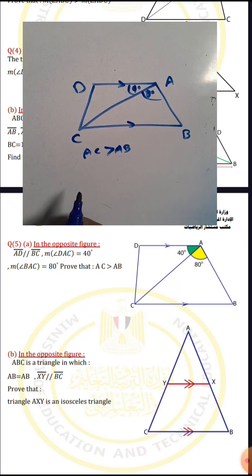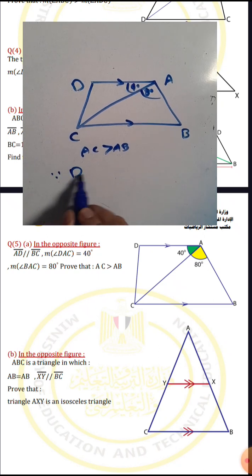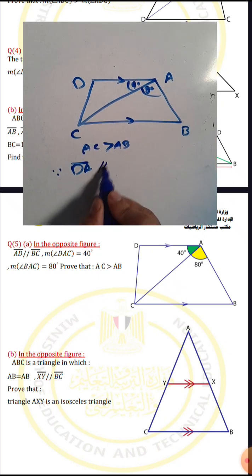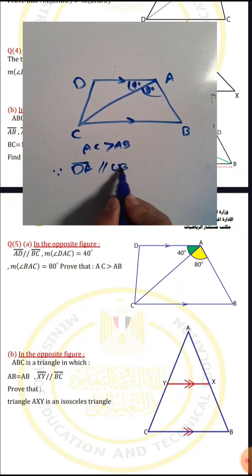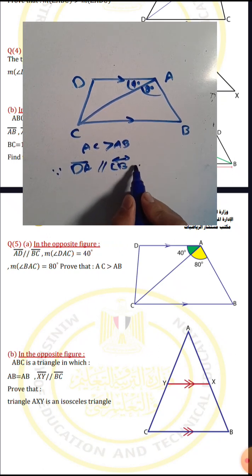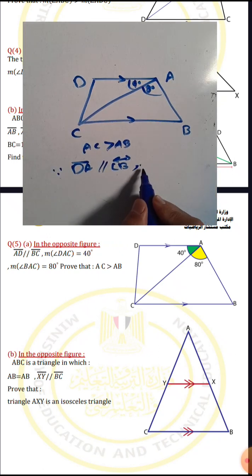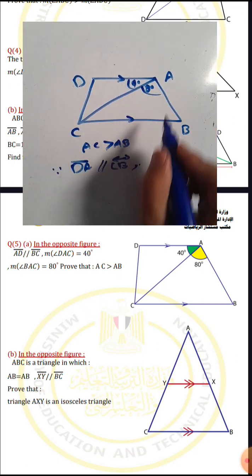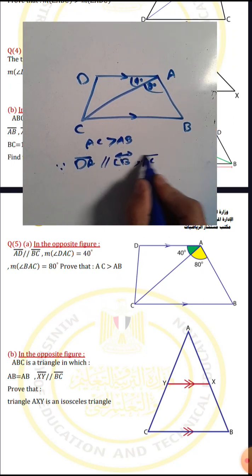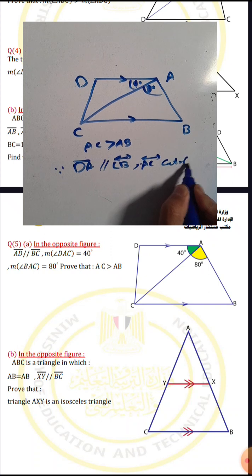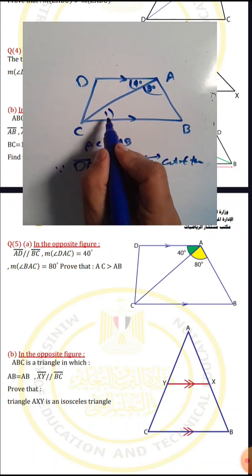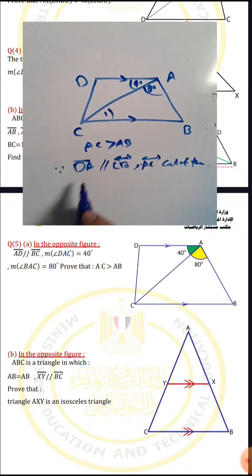How do we solve this? We have here DA parallel to CP, and we have a transversal AC that cuts them. Then this angle will be equal to 40 degrees, alternate angle.